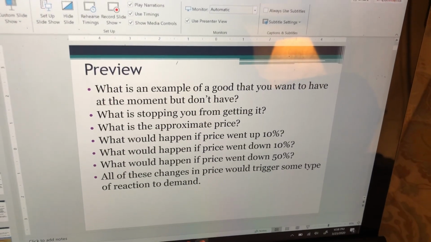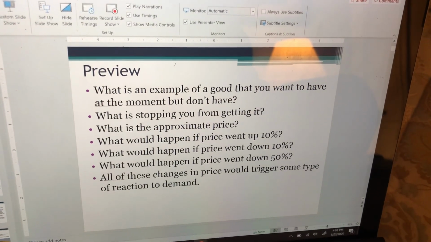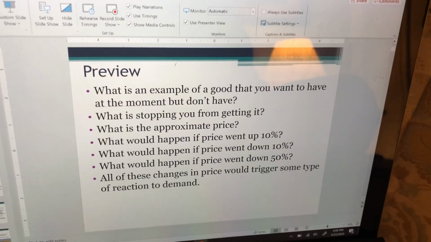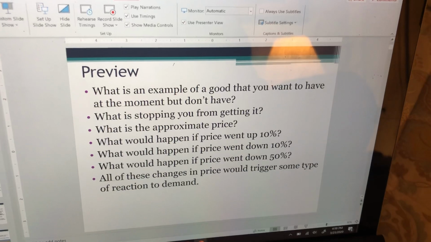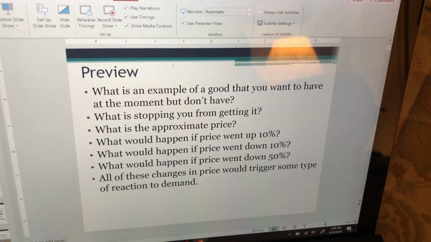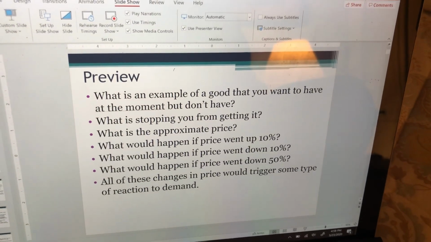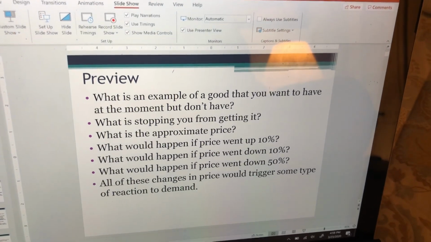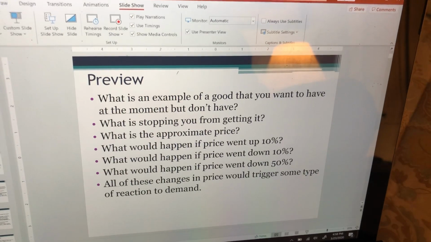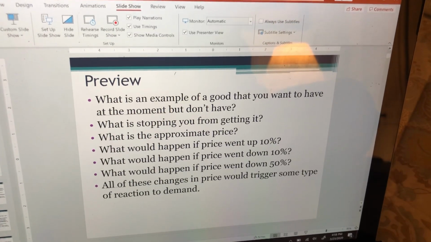What happens if the price of that phone went up 10%? More than likely, that would not make you go buy that phone at a higher price. If the price went down 10%, so it went down to about $900, perhaps some of you might say, okay, it's on sale now, I'll purchase that phone. Probably some, but not all.